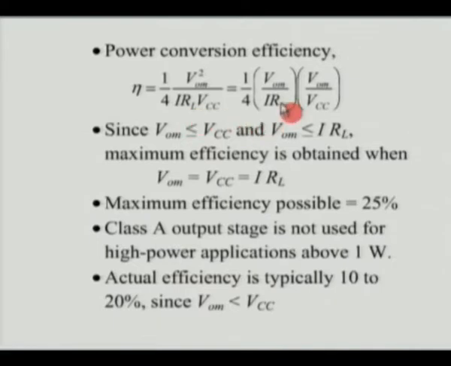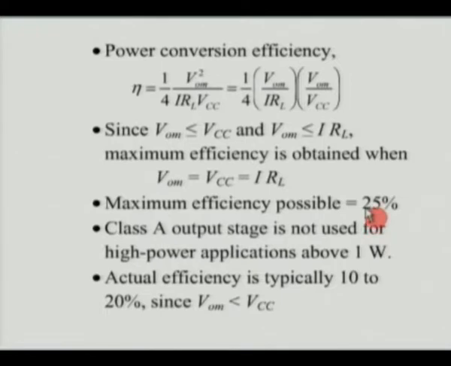Now, the output cannot rise more than VCC, and it has to be within I RL. Therefore, the maximum efficiency is obtained when VOM is equal to VCC, which is equal to I RL, and for that condition the maximum efficiency possible is 25%.